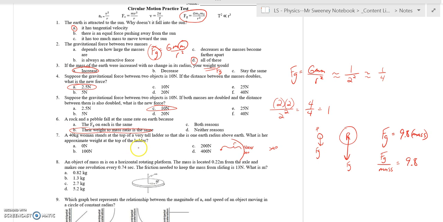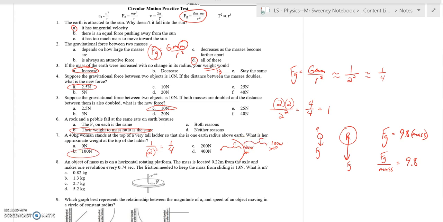Well, not changing anything in the force of gravity numerator. However, we are doubling the radius, and that r is squared, so you get 1/4 the force of gravity, so 1/4 of 400 is 100 newtons.